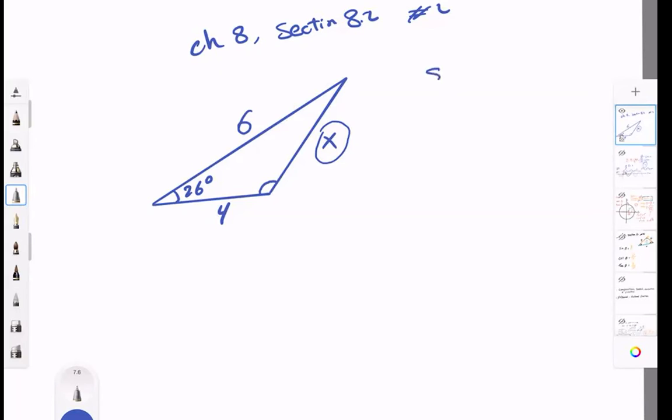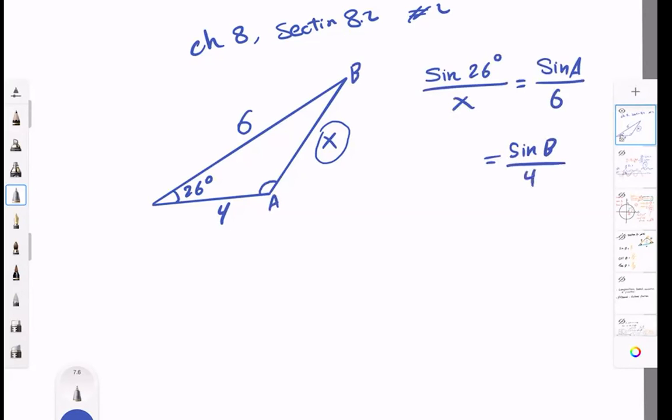We say sine of 26 degrees over x equal to sine of, for example, a over 6 equal to sine of b over 4. So this is the entire law of sine. Any 2 of them you pick, you see there are 2 unknowns. If you take the first two, a and x are unknown.